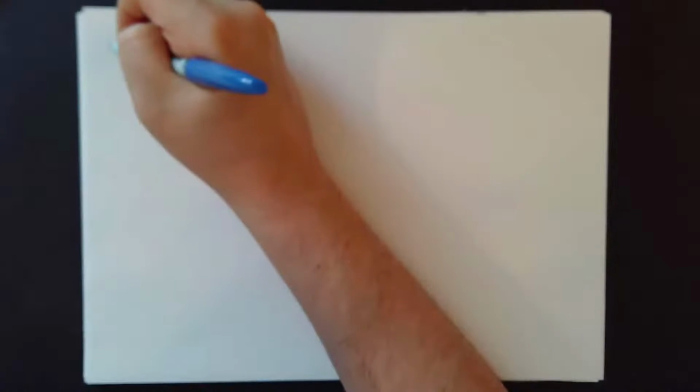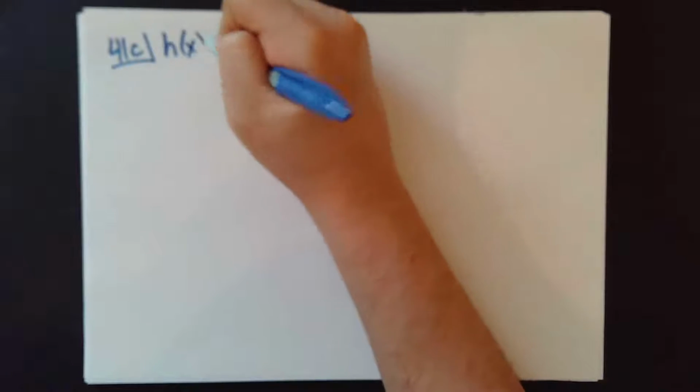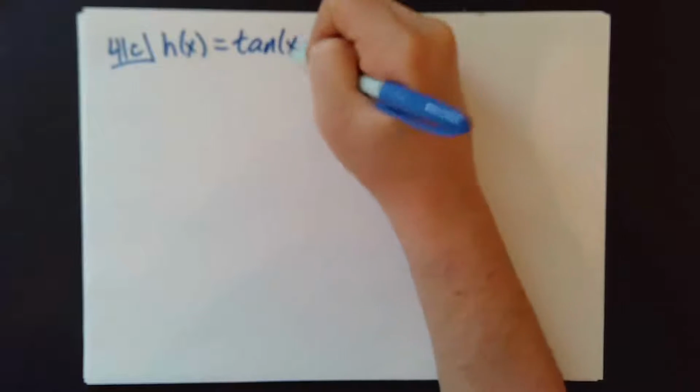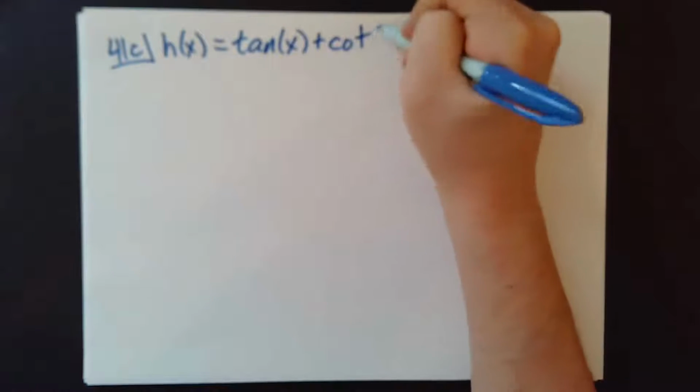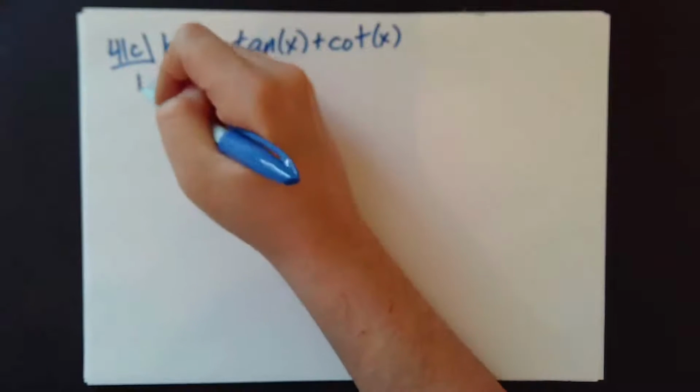We're asked about the equation of the tangent line to h of x equals tangent of x plus cotangent of x at, and then there's this point drawn in the graph.